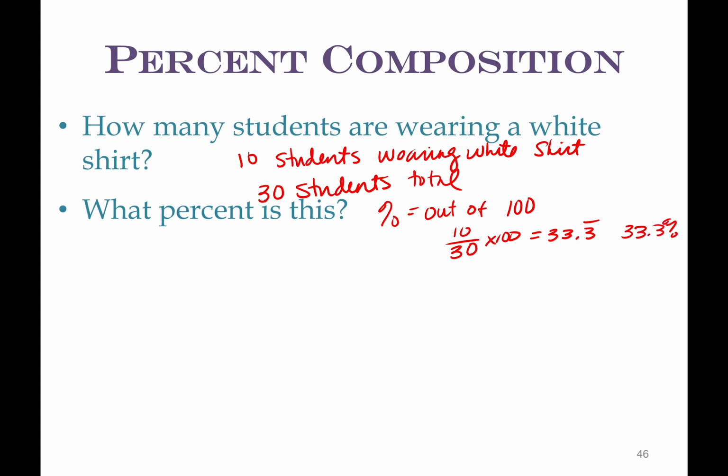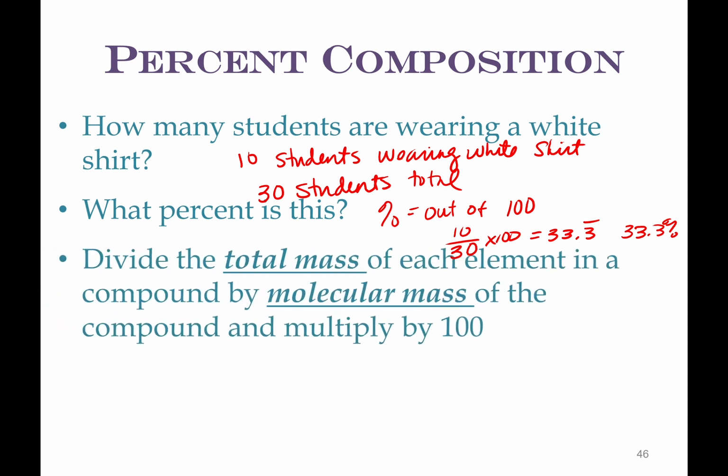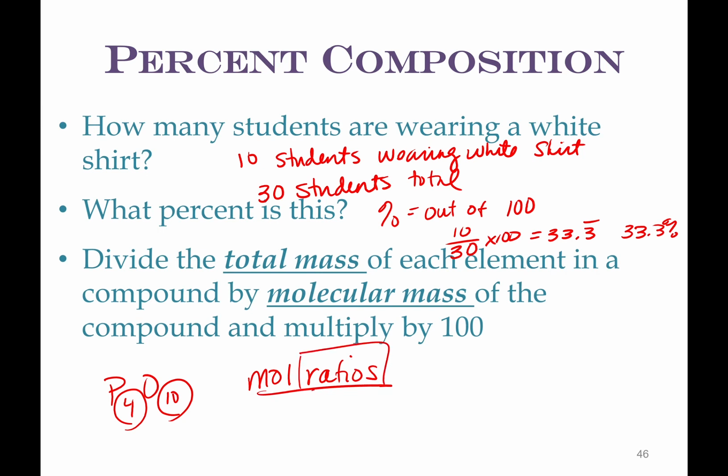So that's percent. Percent composition in chemistry can actually tell us a little bit about the chemical and the compound, and those little tiny numbers at the bottom of a formula, like P4O10, these are mole ratios, right? They are ratios of these compounds together. So they could also be mass ratios.